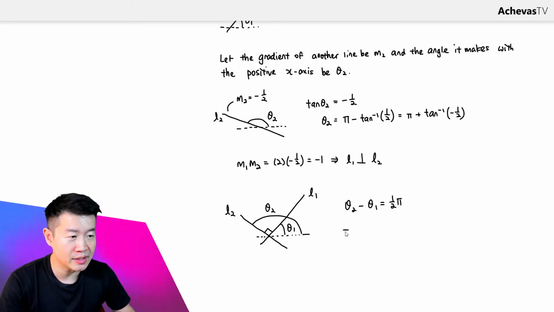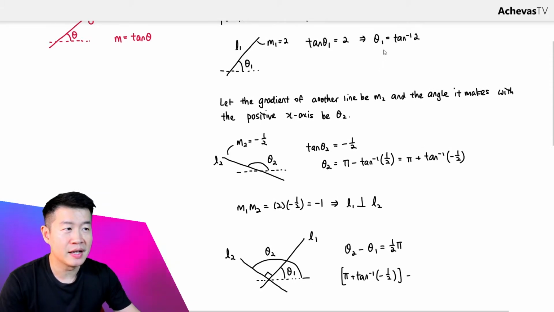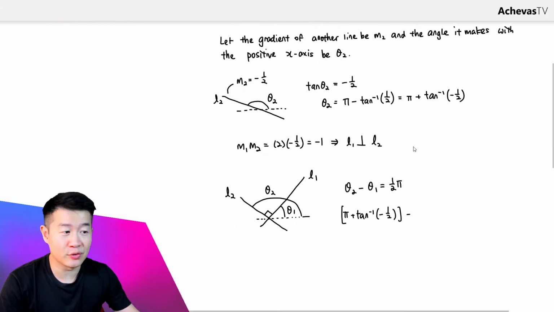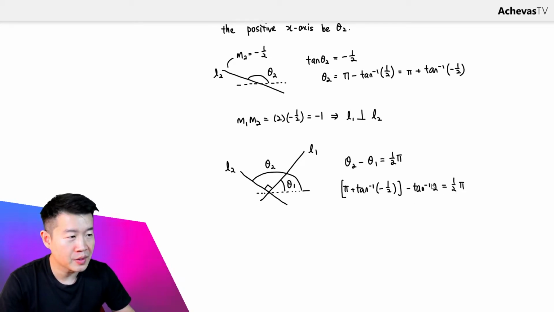Theta 2 is pi plus tangent inverse of minus half. So this is theta 2. As for theta 1, it is tangent inverse of 2. So here let's go for a tangent inverse of 2. This is equal to half pi.